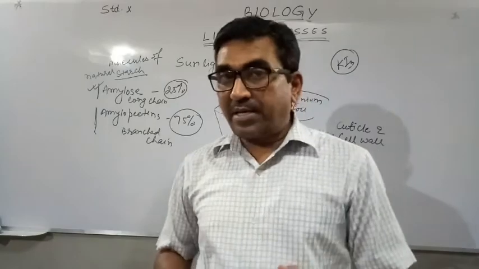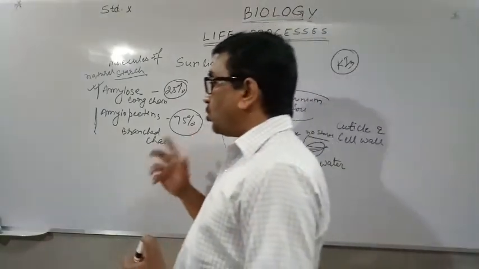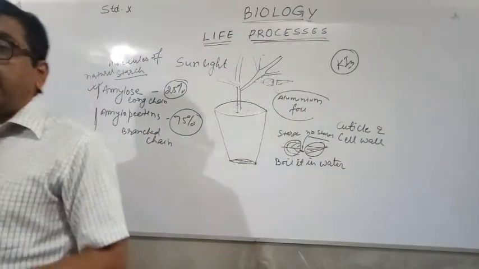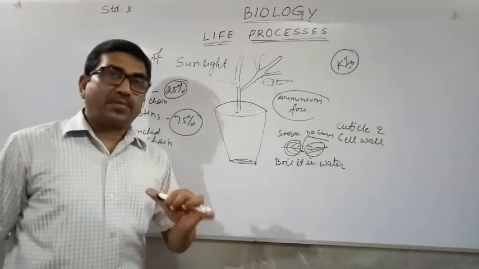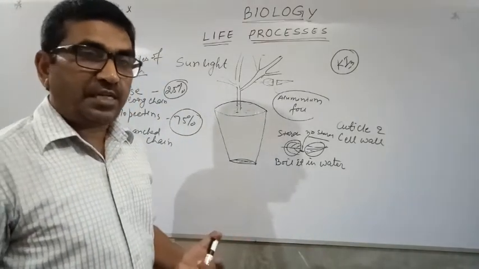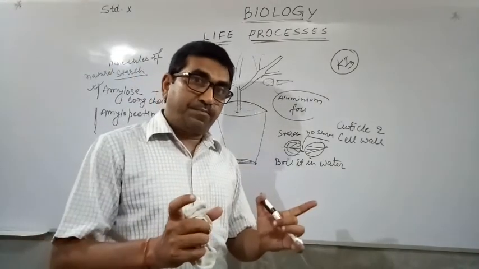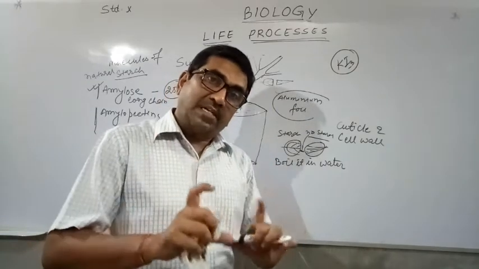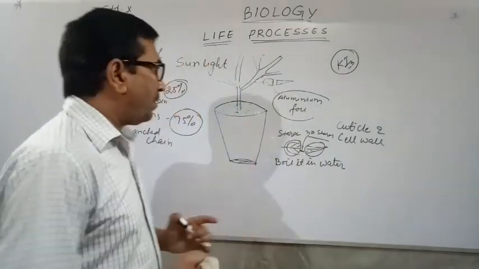To show that carbon dioxide is necessary, we take two identical potted plants, the same type, which we may take from the nursery itself, same height, everything remaining the same.